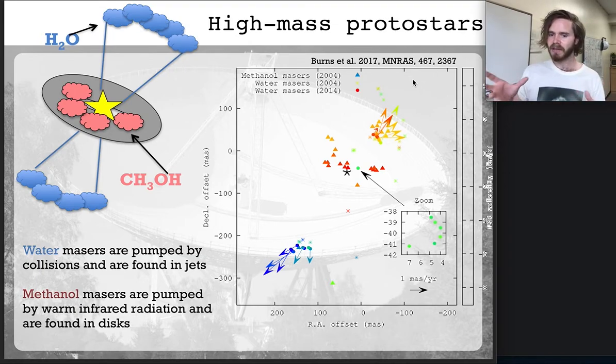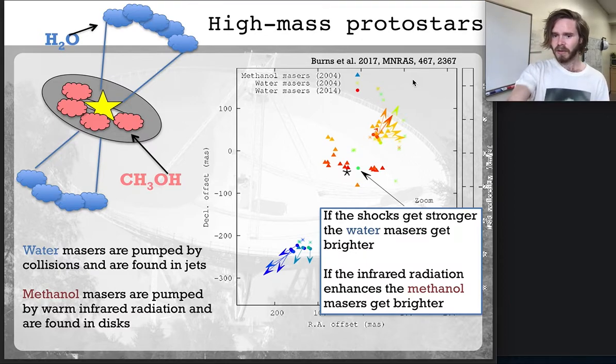So the masers work as kind of observational markers for disks and jets that we can't even see. So this is one reason why they're super useful. They're really bright as well, I should mention, masers.